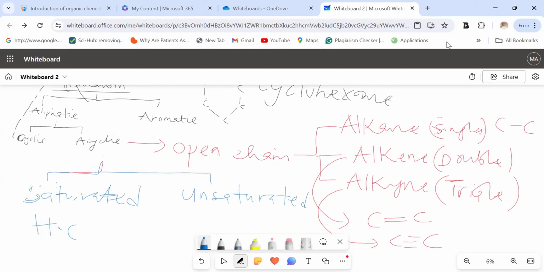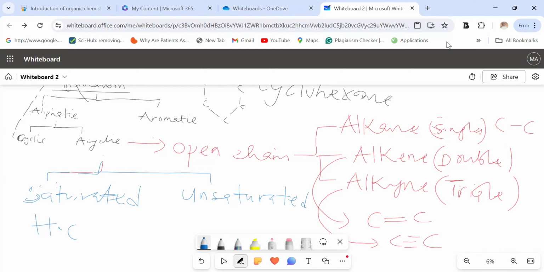It means that the carbon to carbon bonds found in saturated hydrocarbon all have single bonds. That means they are saturated.